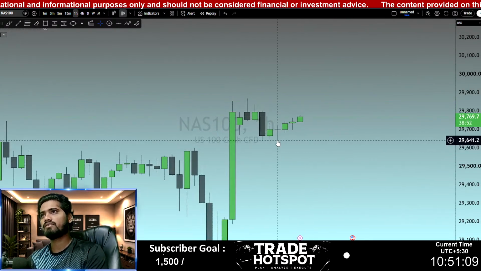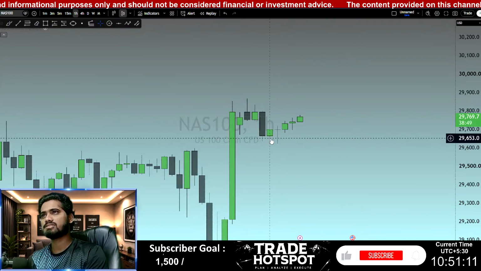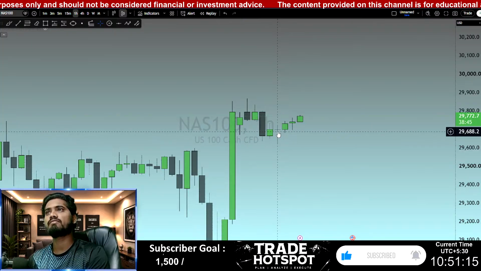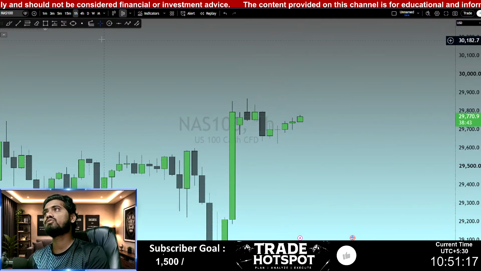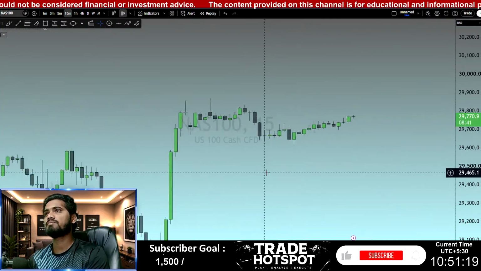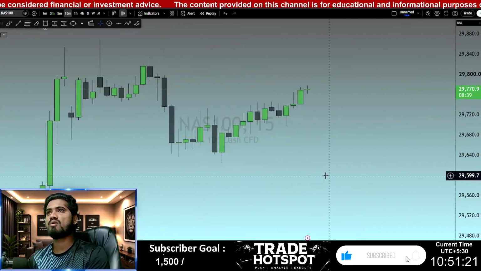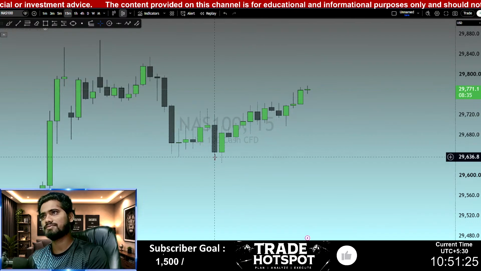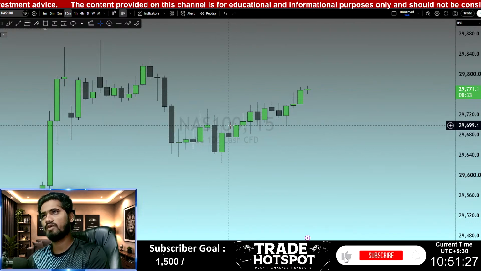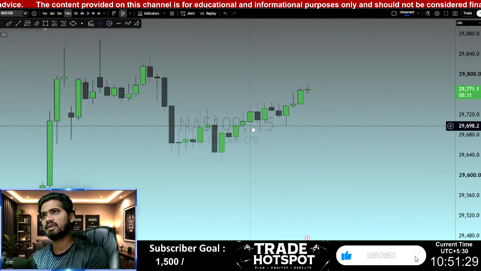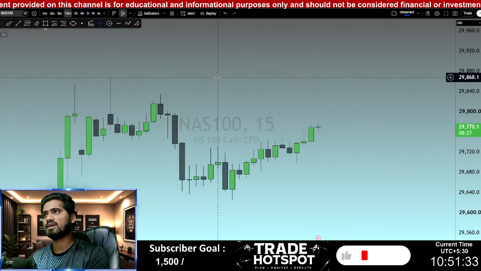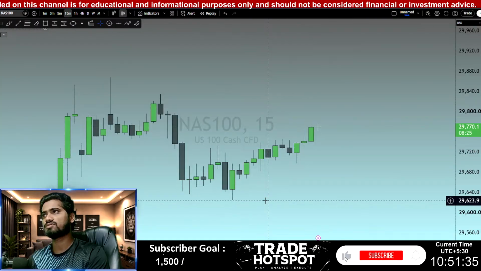One more thing, 1 hour is telling us this is a support area, and here there's a rejection candle you can find, and here you can see the changing state in the 15-minute chart. So you have to enter here only, right? After this confirmation, you have to enter at this area, at this point. You can keep your target here and stop loss below this point like that.